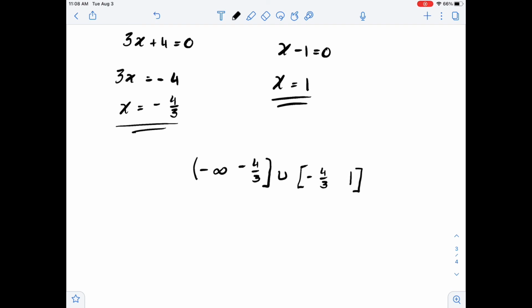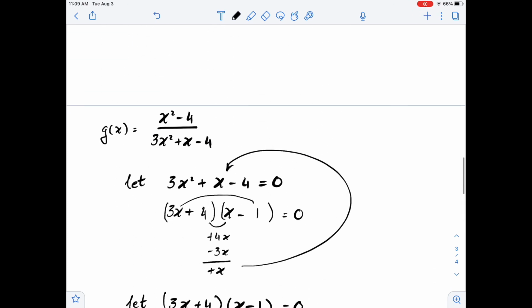And again, 1 is excluded. And then finally, union, 1 to positive infinity. Again, I always have that soft parenthesis next to my negative infinity and my positive infinity. And that is my domain. My domain is everything except for negative 4 over 3 and positive 1.